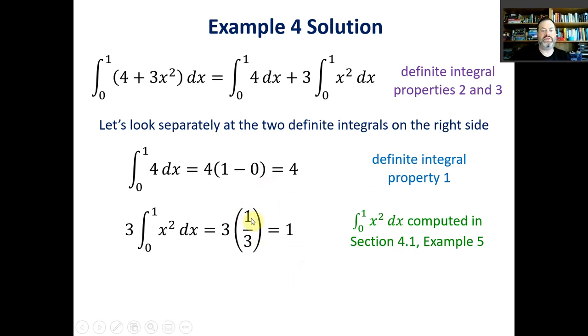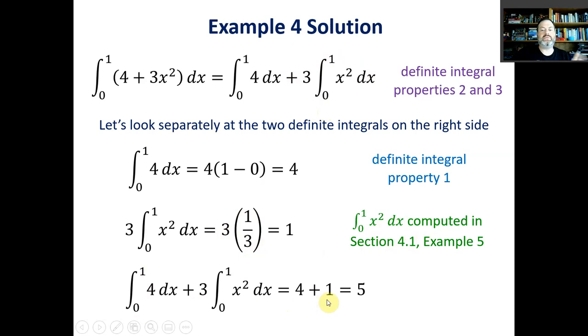So we know this is 1/3 because we proved it together, and it's 3 times 1/3, which is 1. So we know that this is 1. And then you go back and just add it up. So the sum of these two things is just the sum of the individual values, which is 5, and that's the answer.